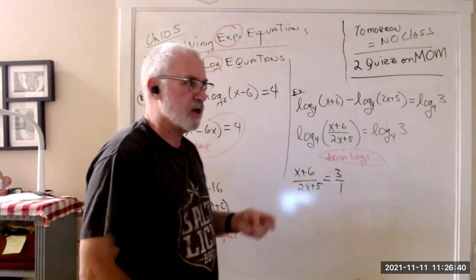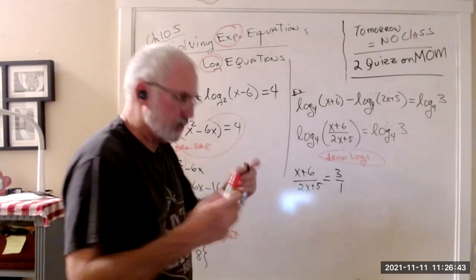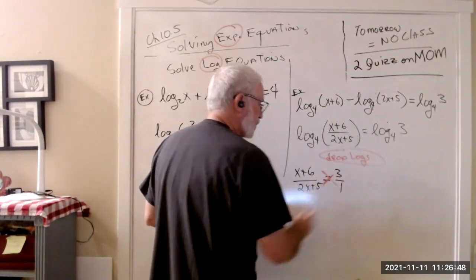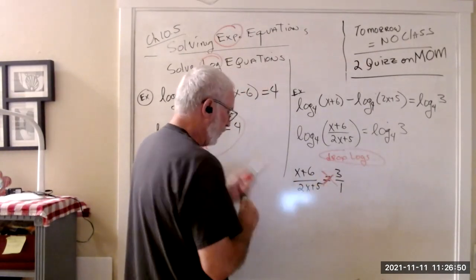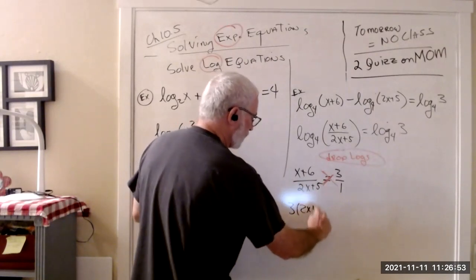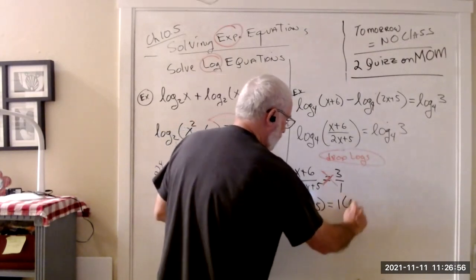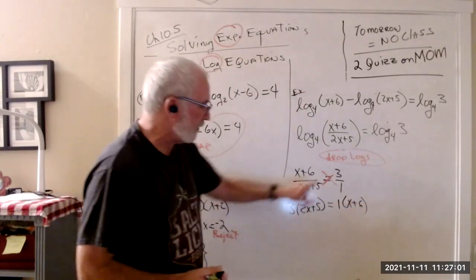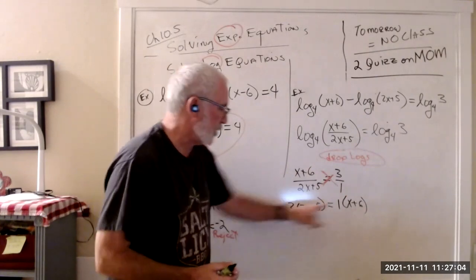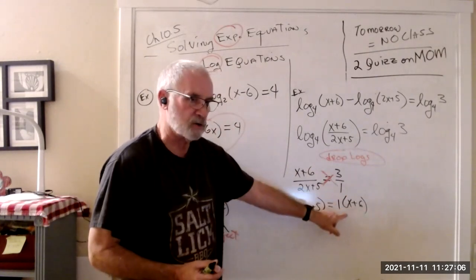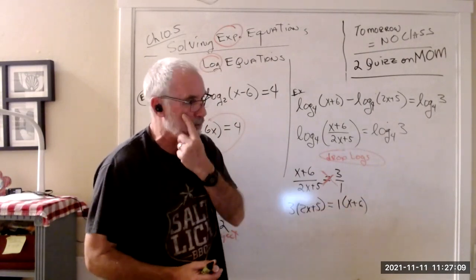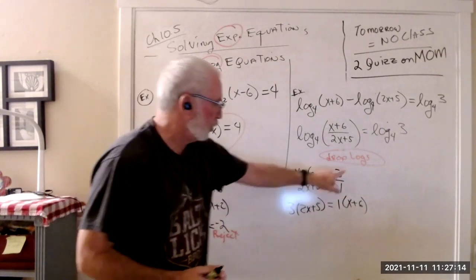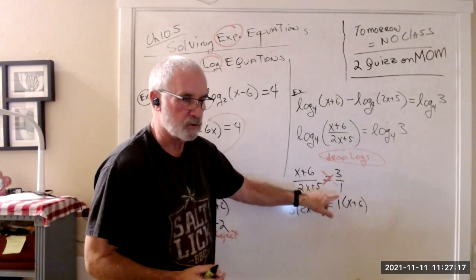But when you do a proportion, you cross multiply and you have 3 times 2x plus 5 equals 1 times x plus 6. You have no more fractions. You still have an equation, but your equation doesn't have any more fractions. And that's kind of important. People really, really got confused on how to cross multiply with a proportion.